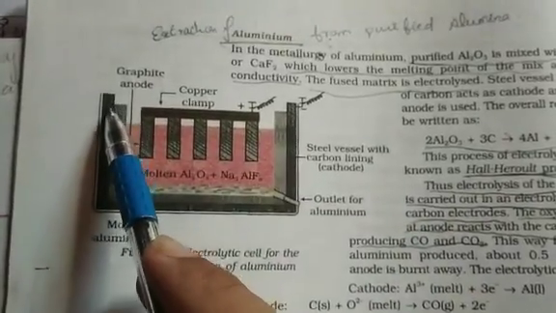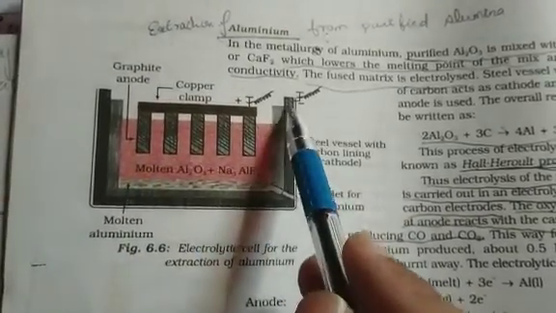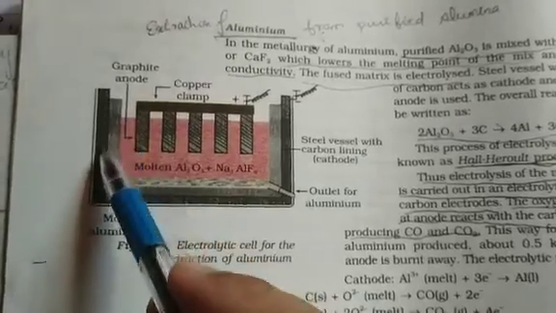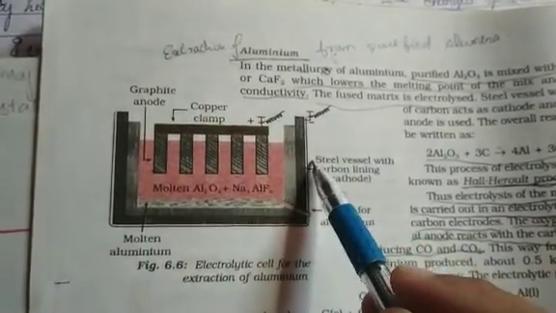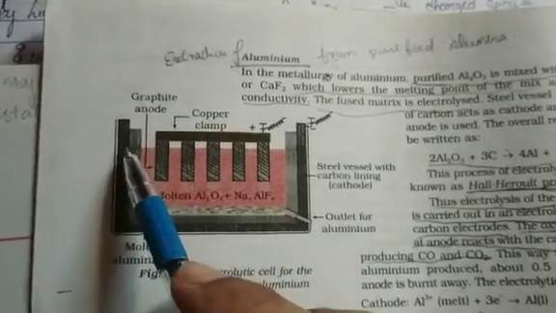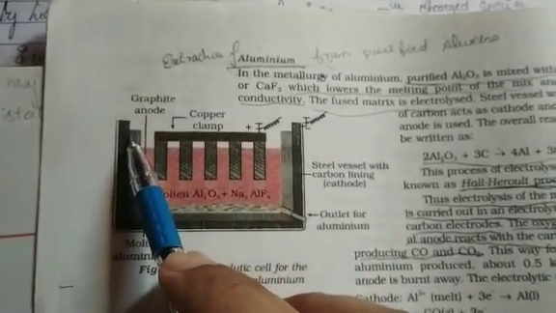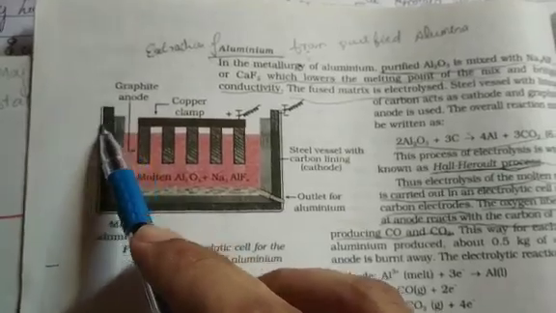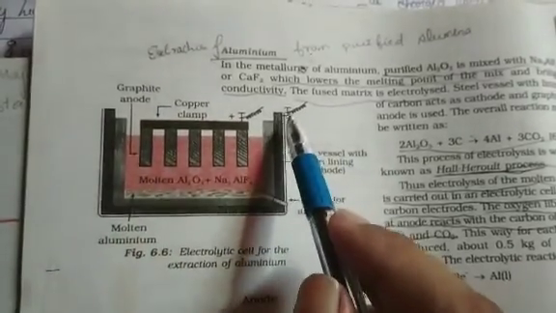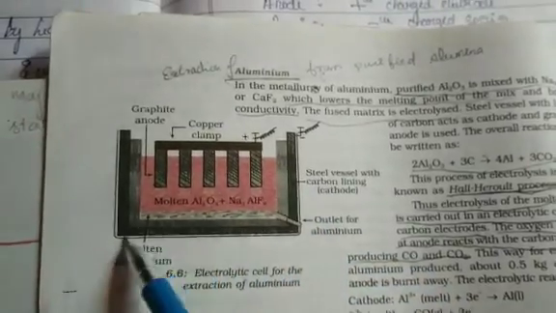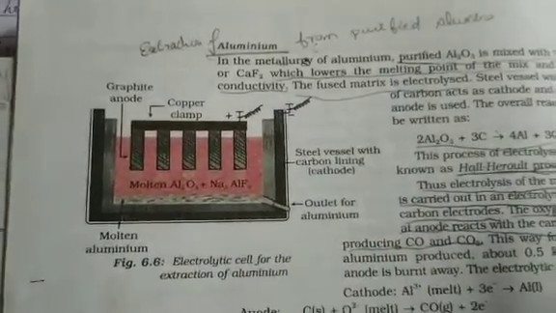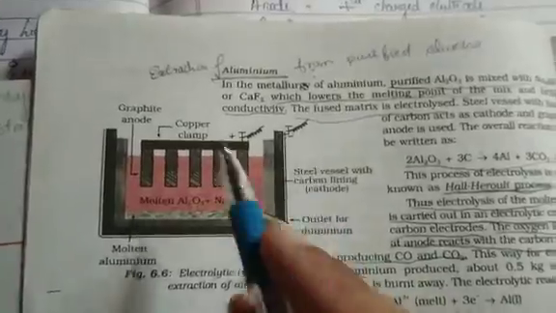The vessel we are going to use is a steel vessel, lined from the interior with carbon, or coke.